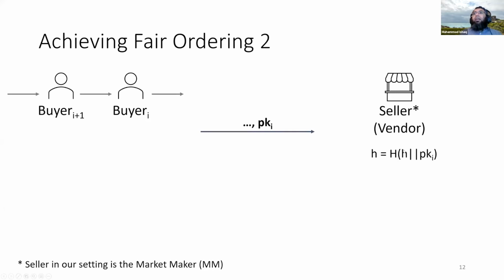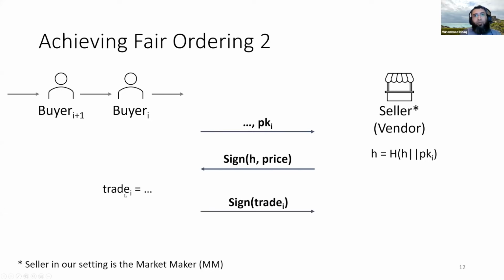He concatenates this header with the identifier of the trader, computes the new hash, and as part of the ticket, he sends this hash chain header and the price and any other information that the buyer needs to the buyer. Now the buyer prepares the trade object as before, sends it over, and the trade object itself becomes part of this hash chain, right?